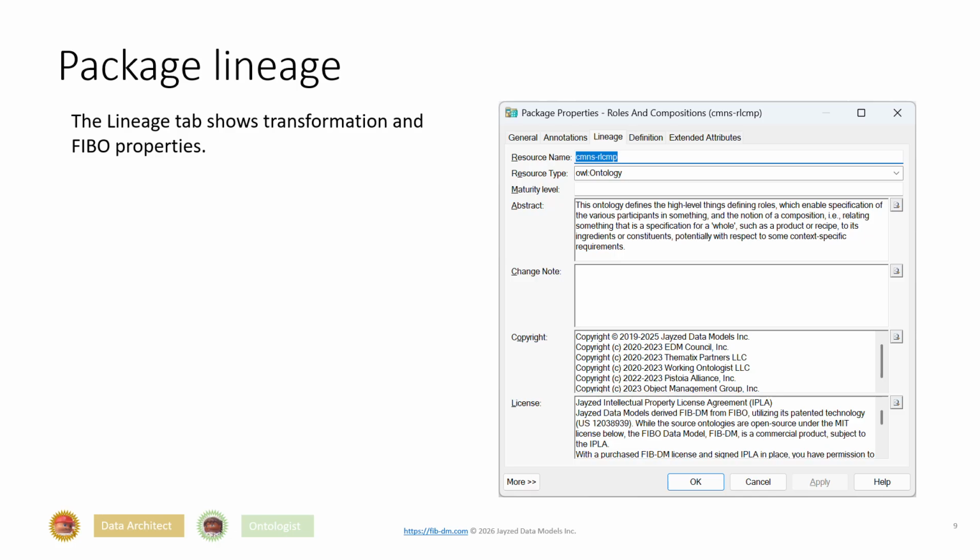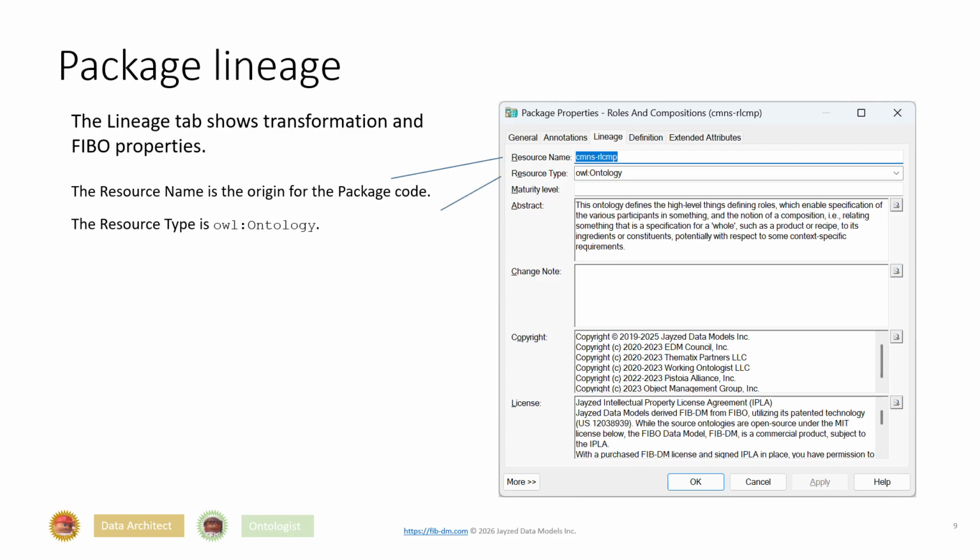So the package lineage tab shows transformation and FIBO properties, as opposed to documentation items. And here for the same roles and compositions package, we see the resource name, and that is simply the ontology prefix.